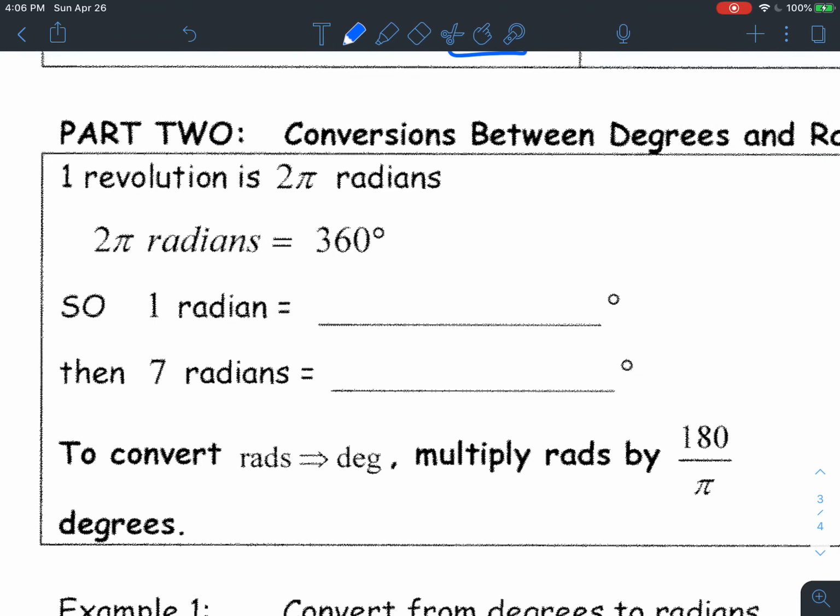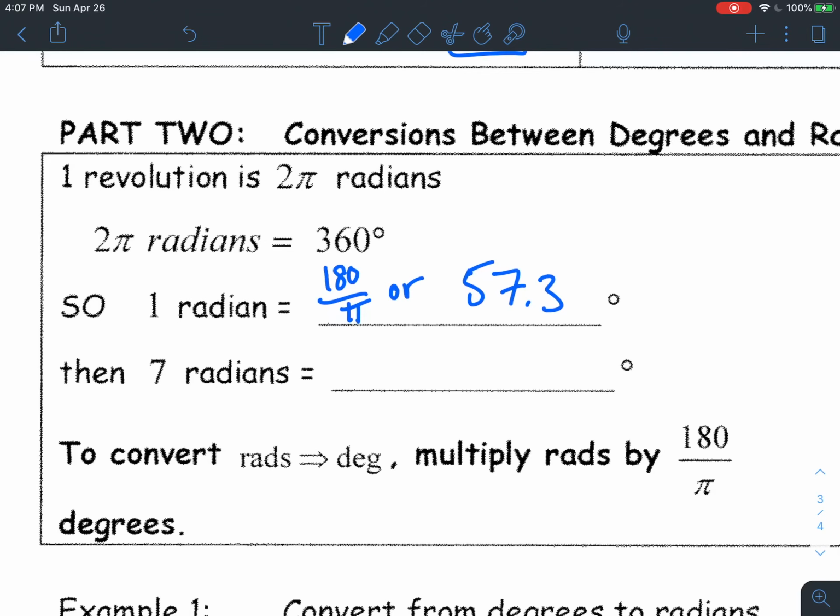So in this relationship here, 2 pi radians is equivalent to 360 degrees. That lets us figure out approximately how much each of these things are. So 1 radian, if I divide by 2 pi on both sides, 360 divided by 2 pi would be 180 over pi, if I solve for radians, which we like to approximate. 57.3 degrees is approximately 1 radian.